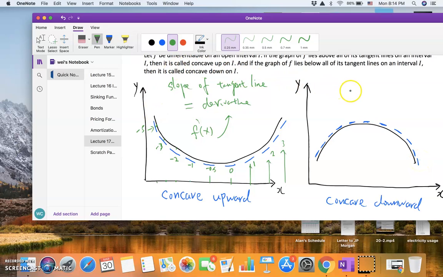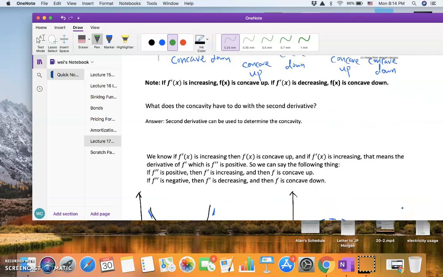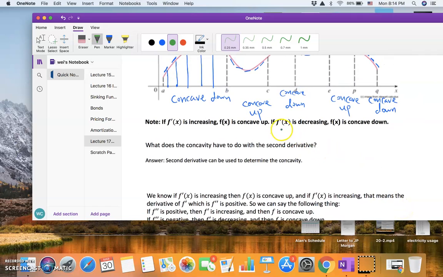So in this case, the first derivative is decreasing, and the function is concave down. So that's why we have this result: if the first derivative is decreasing, then the function is concave down.